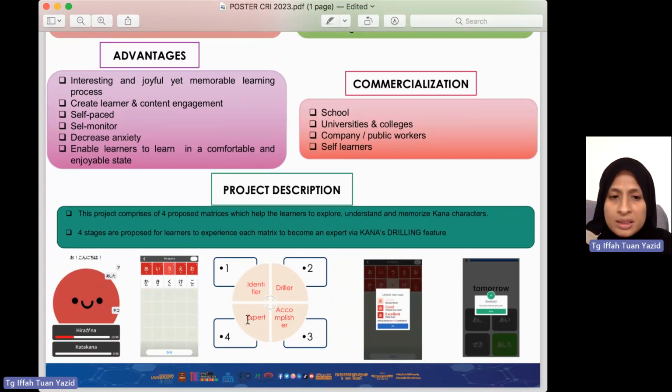Once the learner finishes the course, they can keep on redoing it until they are satisfied, or until they can remember all the 92 characters. So there are no end destinations. Here are the images that I screenshotted from the apps.